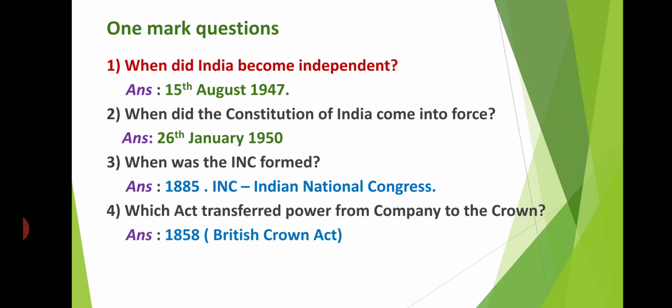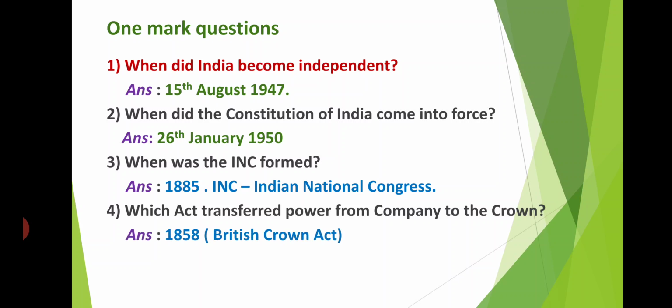In the year 1857 a revolution happened in Indian history, that is the Sipahi Mutiny, the first struggle for India. After 1857, the power was transferred from the company to the crown in the year 1858.